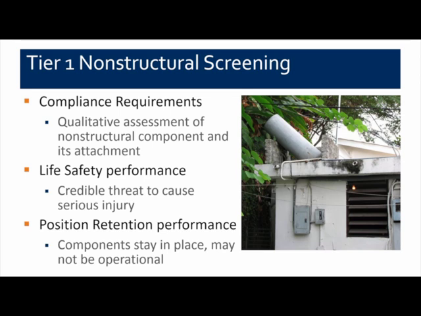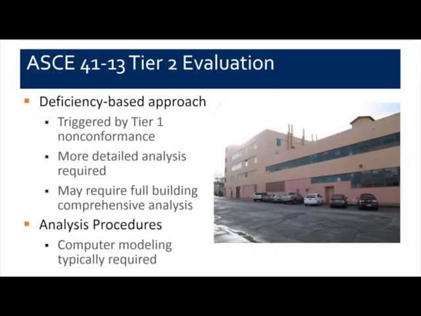There is a second level performance called position retention performance. In this case, we would be looking for the non-structural components to stay in place, but would not necessarily be operational during or after the earthquake.